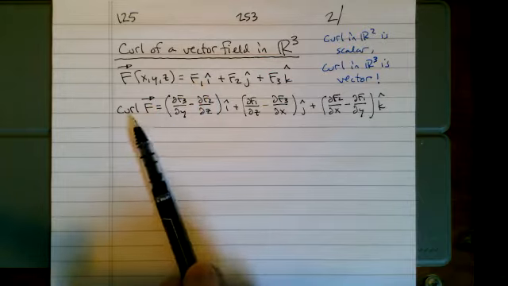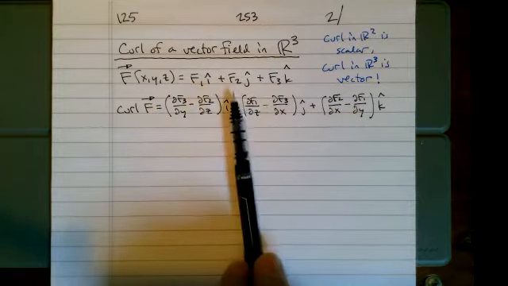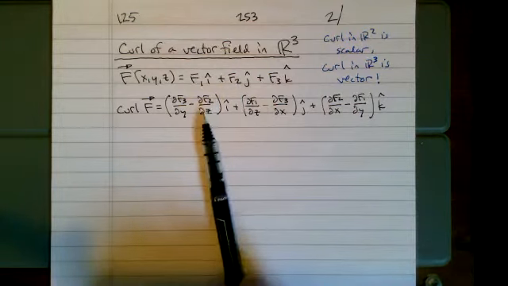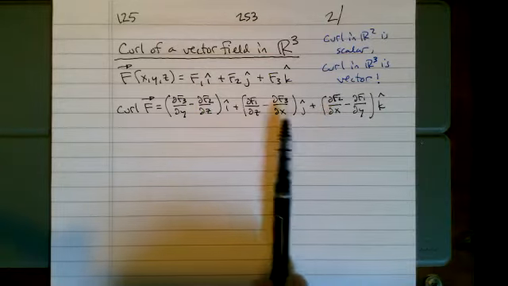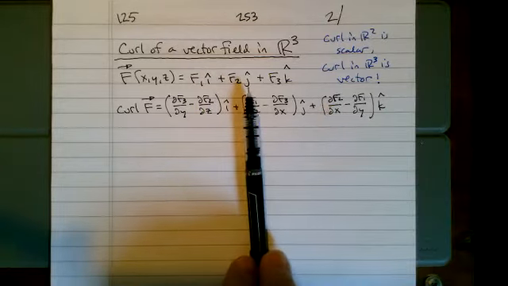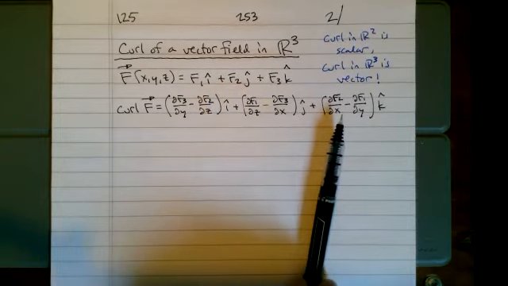And so nothing matches. There's no partial F2 with respect to Y. There's a partial F2 with respect to Z. There's a partial F2 with respect to X. And F2, even though it's in charge of the J component, the partial F2s show up in the I and the K components.